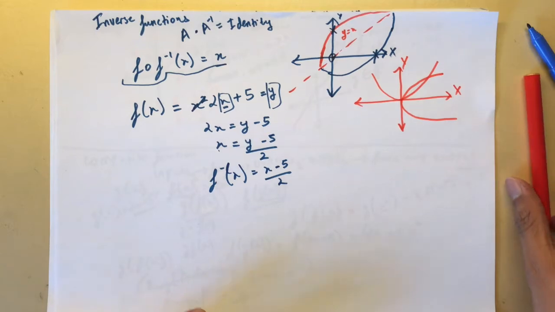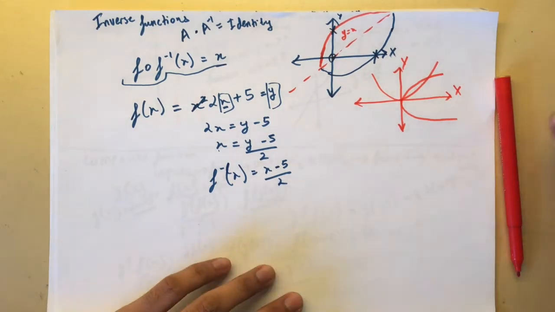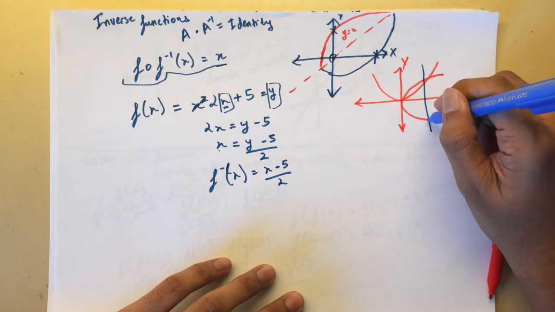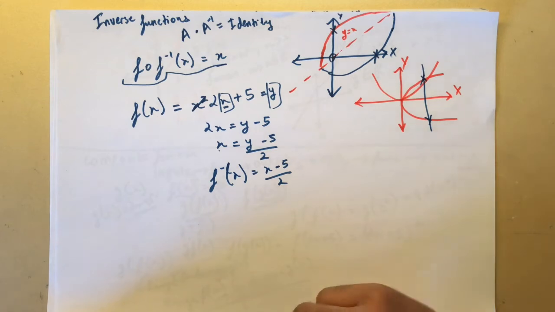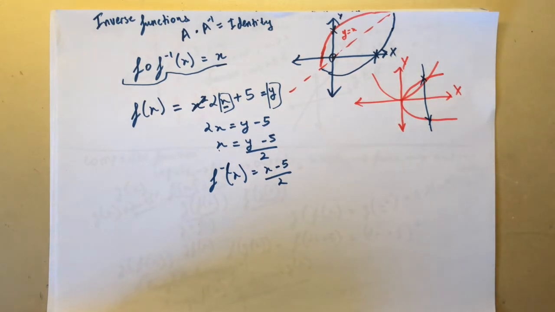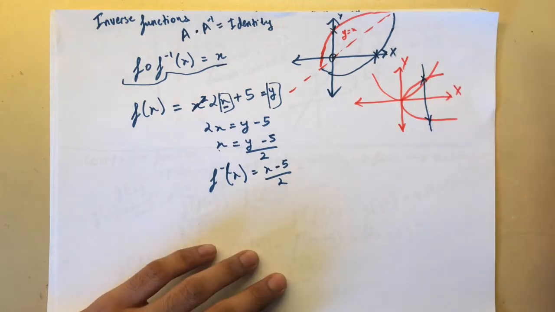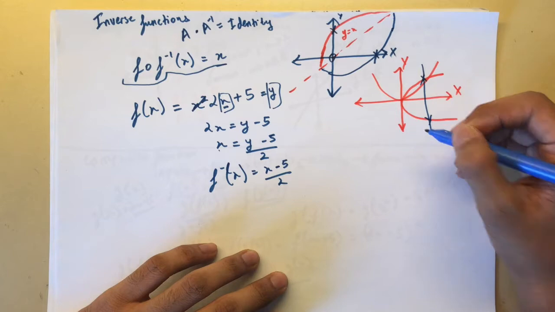And if you remember what I told you about relations and functions, this fails the vertical line test, which means it's not a function. So if we want an inverse function for another function, it would have to be a one-to-one function, because in any such reflection, this one-to-one function would only pass through one line again.